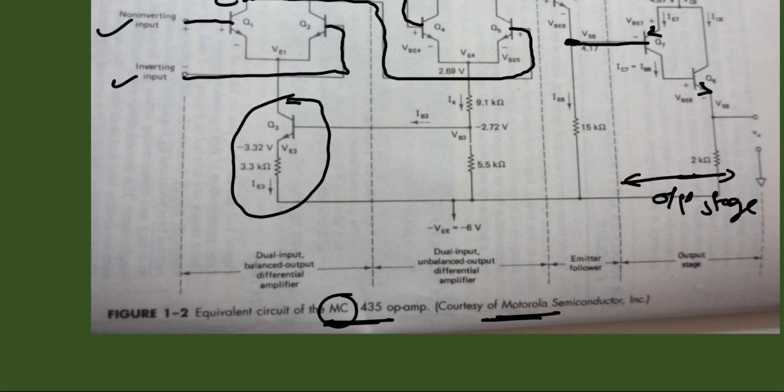MUA indicates it is manufactured by Fairchild company. Okay. So this is the internal diagram of this MC1435 op-amp IC. Courtesy to this book, to the Motorola semiconductor company, as well this figure I have taken from Ramakant Gaikwad, so courtesy to Ramakant Gaikwad also.